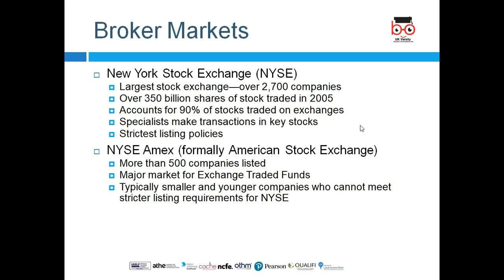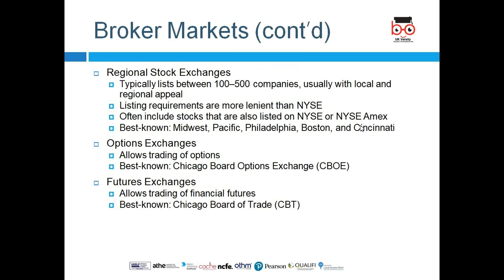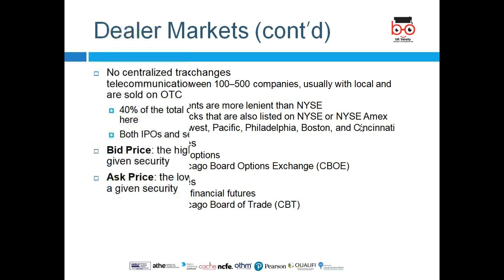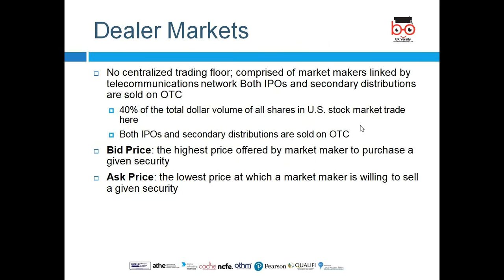The New York Stock Exchange, formerly American Stock Exchange, has more than 500 companies listed. That's why the stock exchange system is listed by size as well. A regional stock exchange typically has 100 to 500 companies. Option exchanges allow trading options, the best known being the Chicago Board Options Exchange, CBOE.